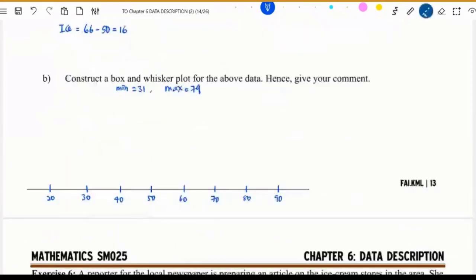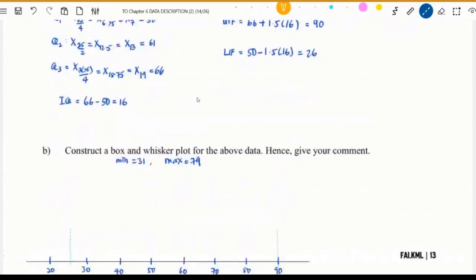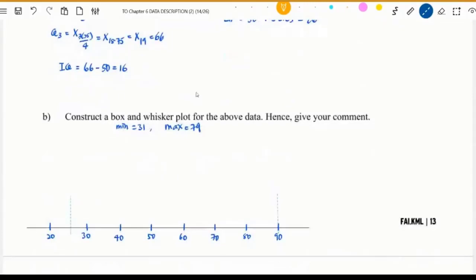So most probably will be somewhere around here, which is more than half. Okay, and then we have the upper inner fence, which is 90. This somewhere around here. And then the Q1, which is 50. It's here, 50. And then we have your Q2, which is 61, nearly with the 60.